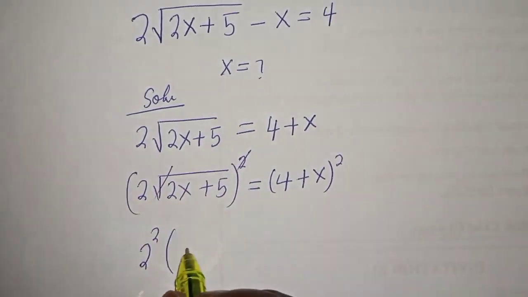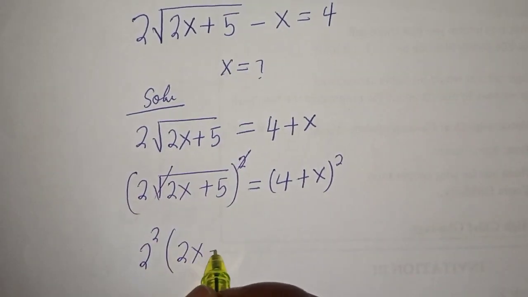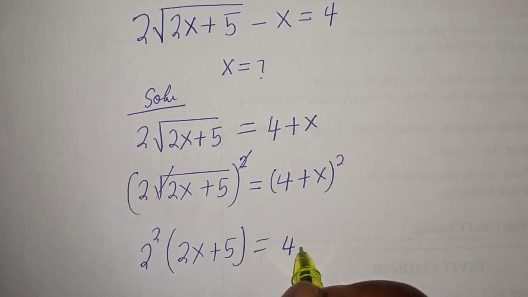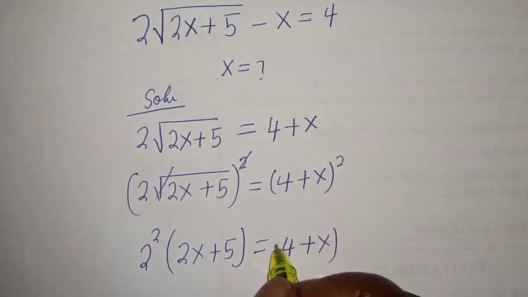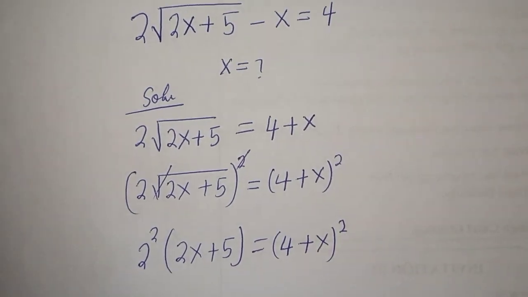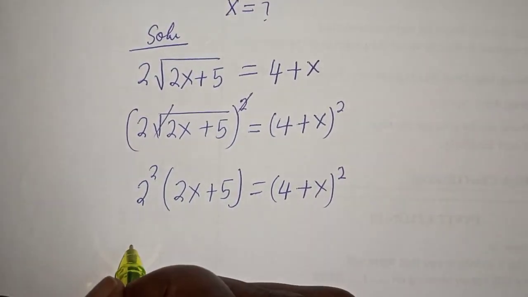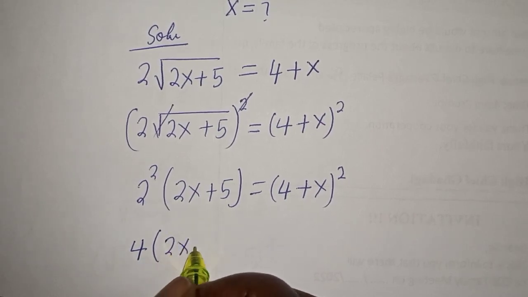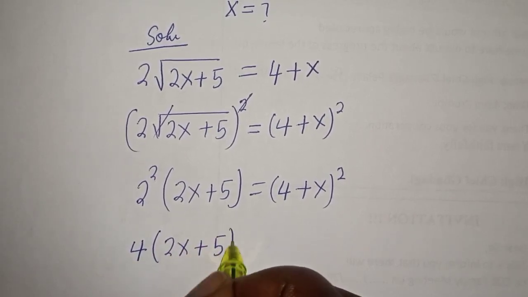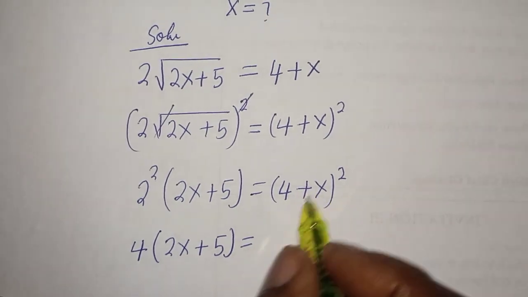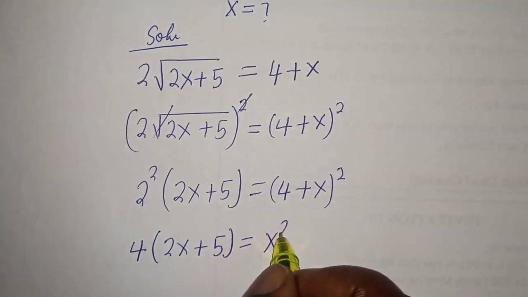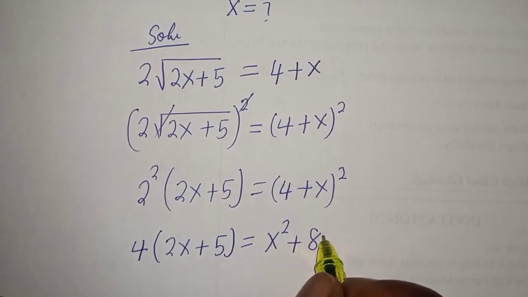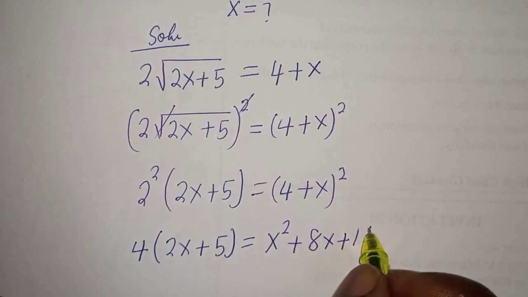This will cancel this square root. Bracket 2x plus 5 is equal to 4 plus x squared. 2 squared, that is 4 bracket 2x plus 5 is equal to x squared plus 8x plus 16.